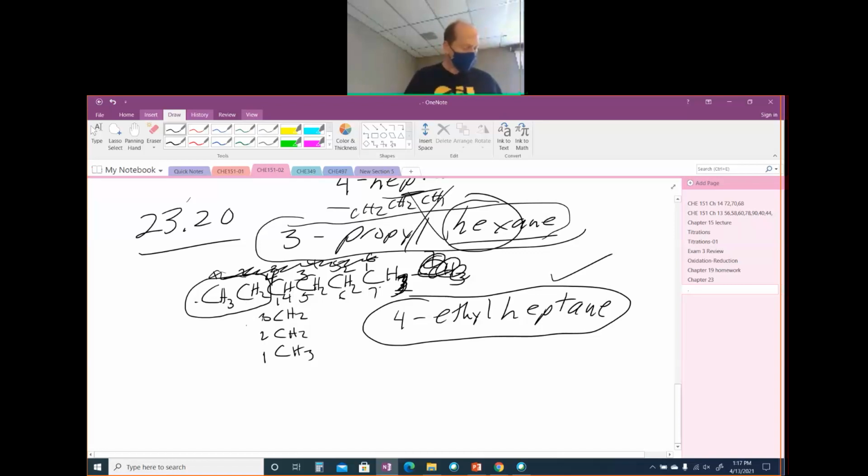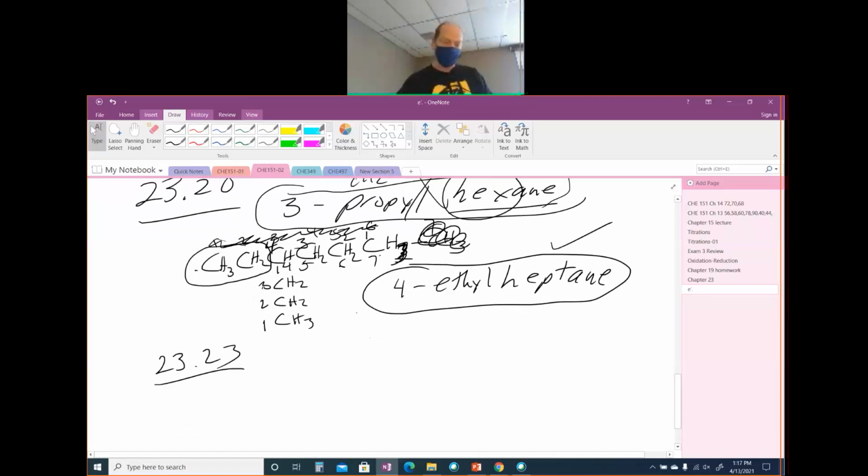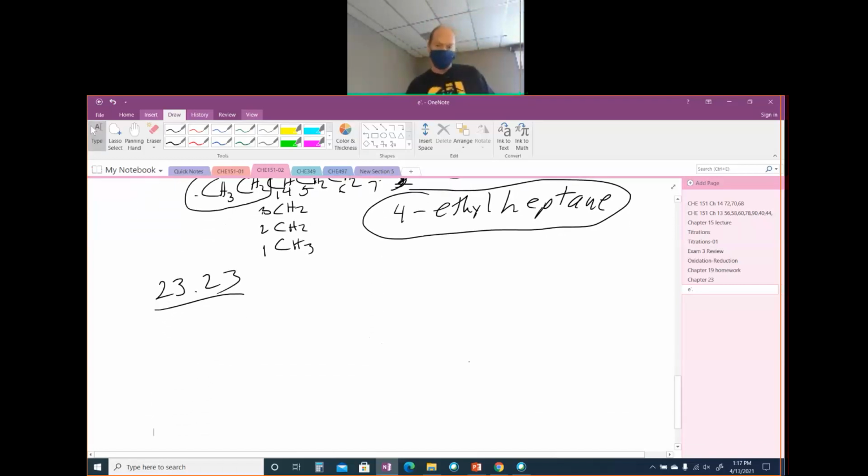All right, 2323. Okay, so this is a model kit. You have to see that you have a CH3 connected to a nitrogen, connected to a CH3, connected to a CH3.